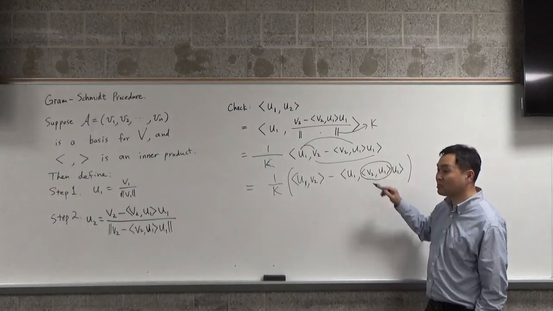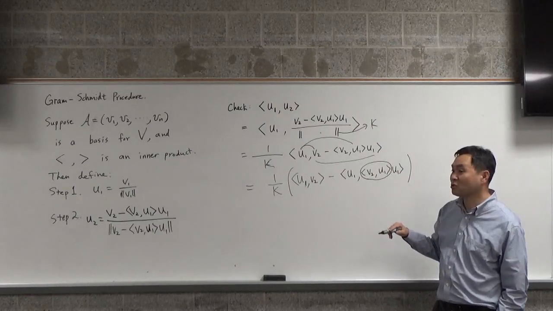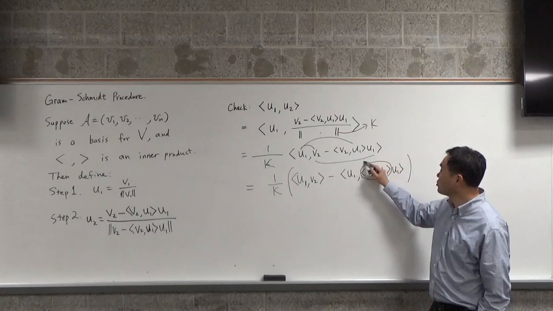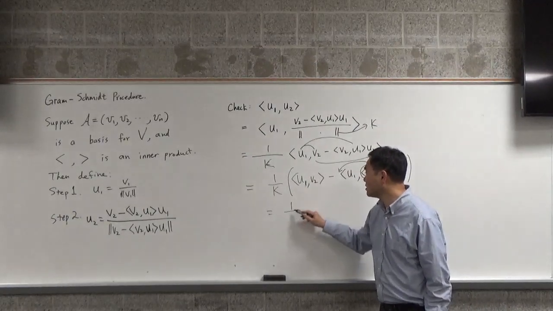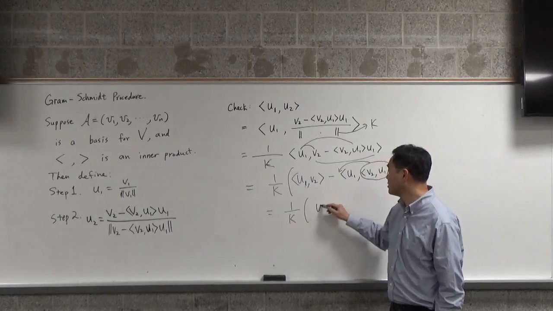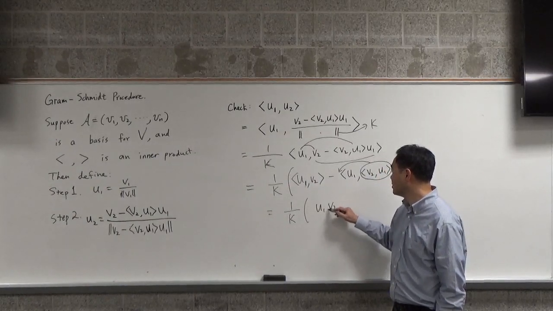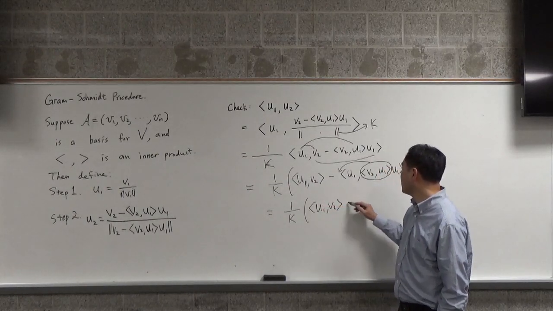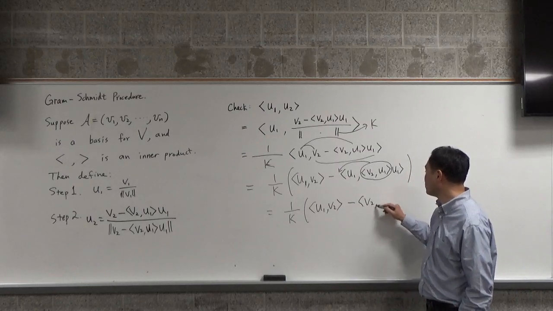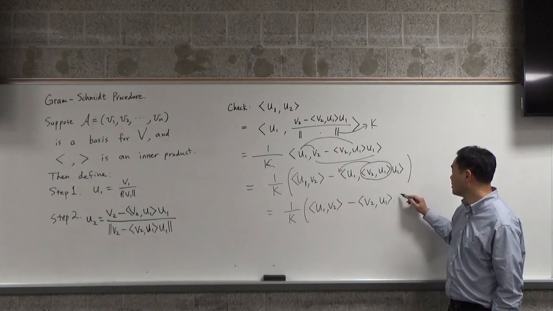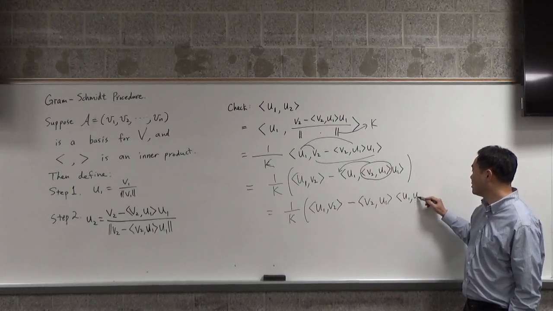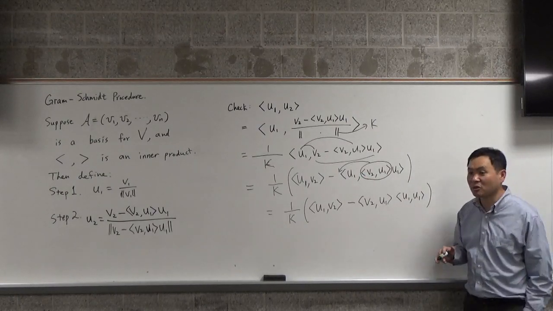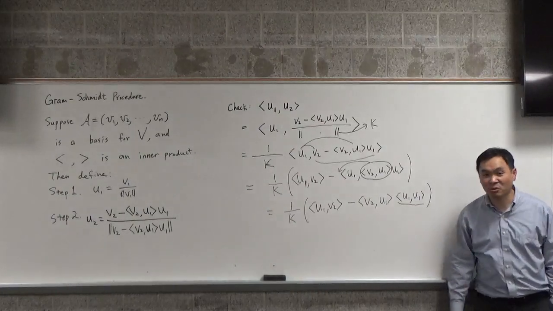It looks horrible, but that's still a number. So what can you do? We can bring it outside, and make it the inner product of v2 and u1, and then it will be just between these two. Here's a question. What is the inner product of u1 with u1?